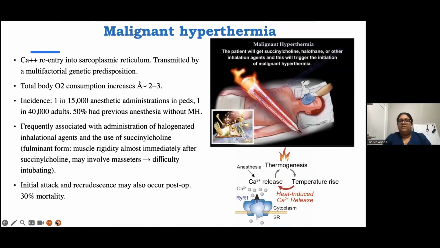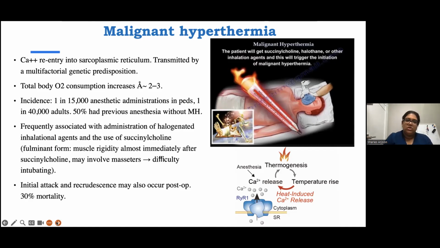So just to briefly introduce malignant hyperthermia, this is when calcium re-entry into the sarcoplasmic reticulum is impaired, transmitted by a multifactorial genetic predisposition.